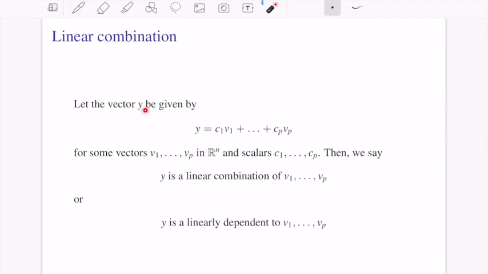Let the vector y be given by this math expression, y equals the sum of those vectors, for some weights c1 up to cp. Then we can say y is a linear combination of v1 up to vp. Or equivalently, sometimes we can say y is linearly dependent on v1 up to vp. Those two have the same meaning.